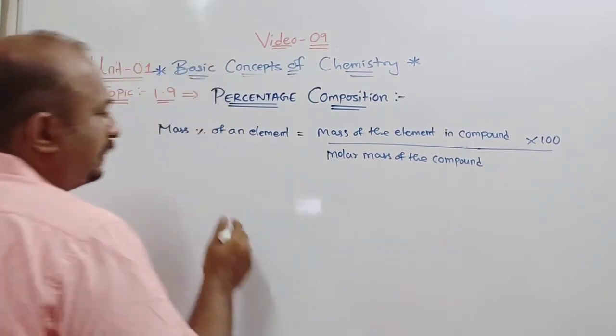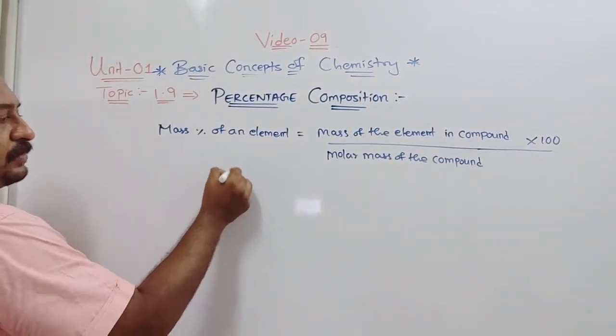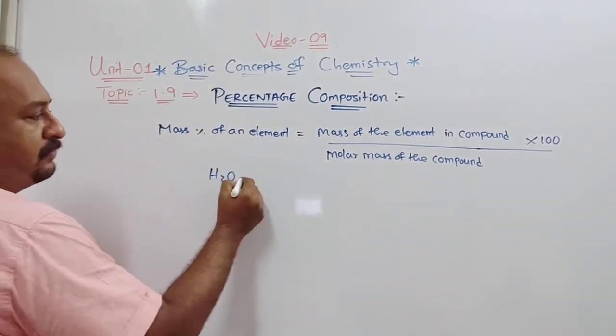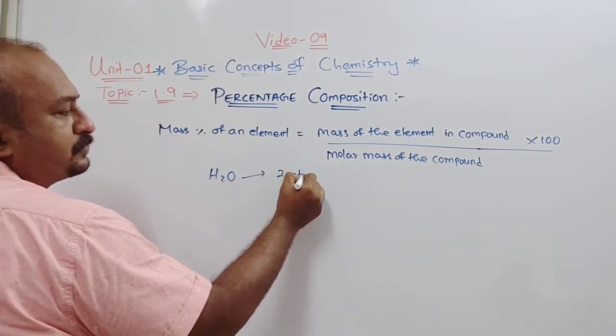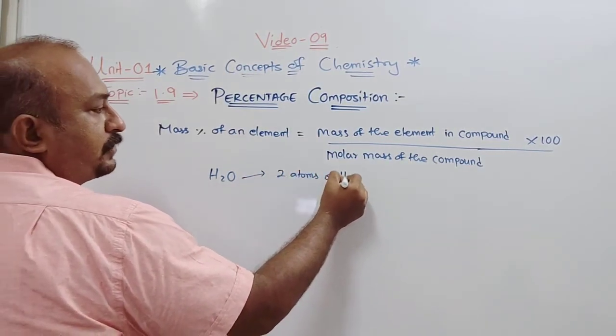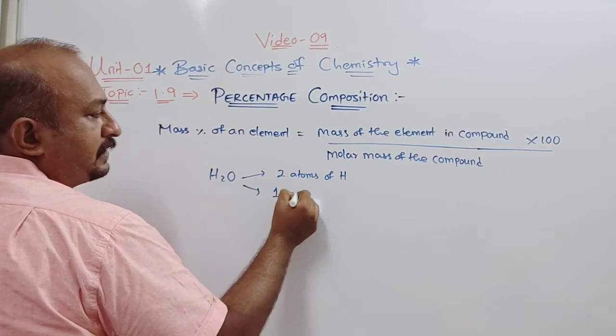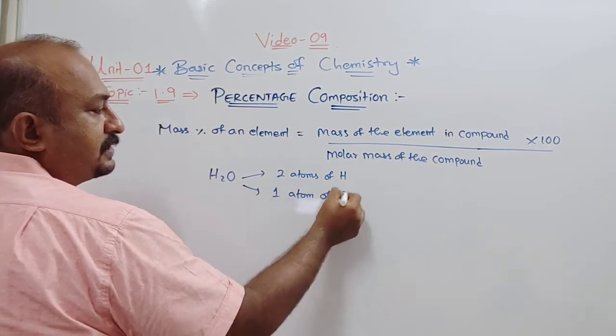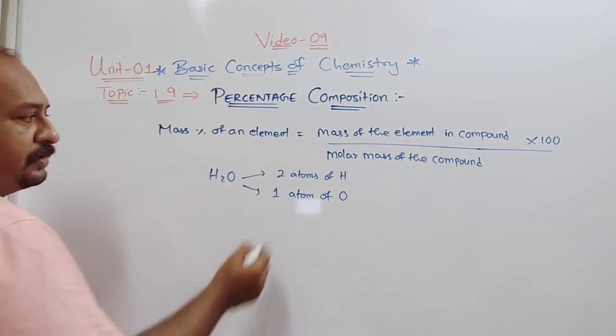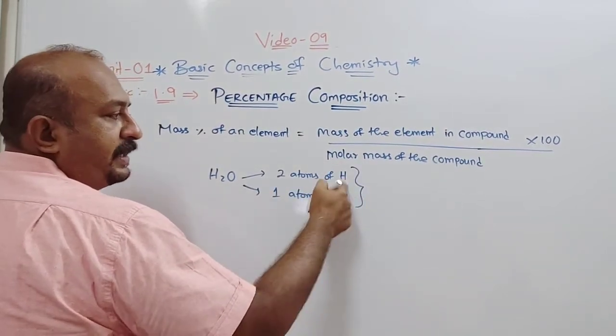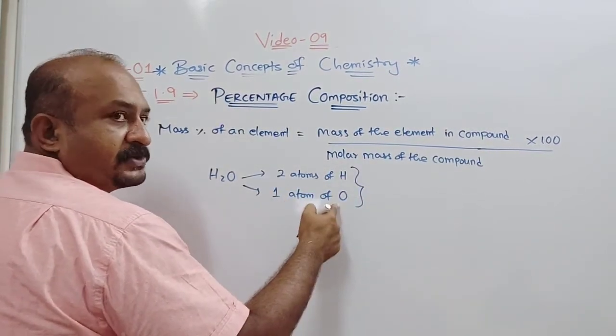So suppose H2O is given. In water there are two atoms of hydrogen and one atom of oxygen. Understood?